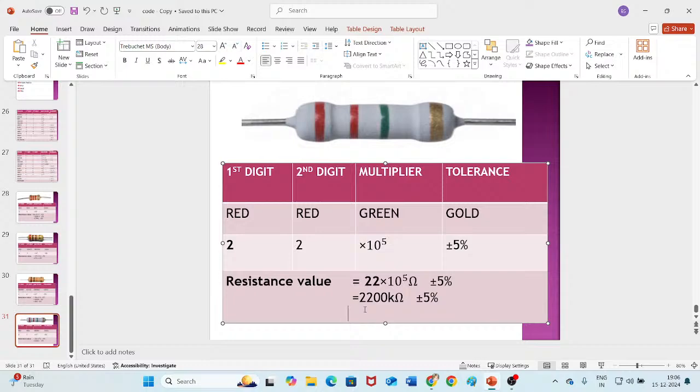So it is how much? It is 2200 kilo ohms. Okay, so resistance is 2200 kilo ohms with plus or minus 5% tolerance value.